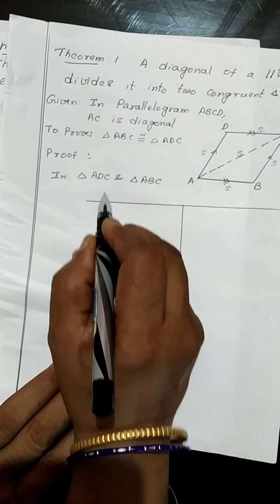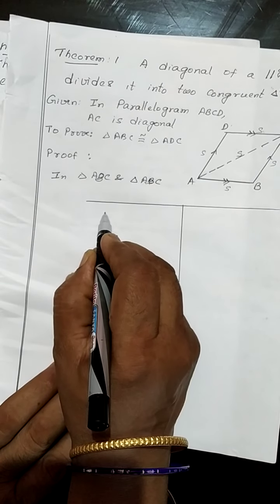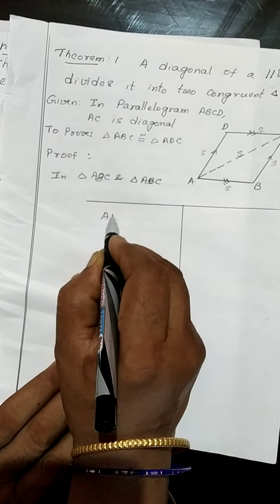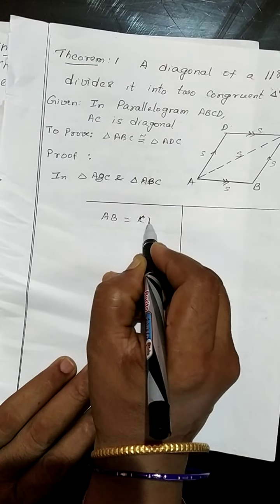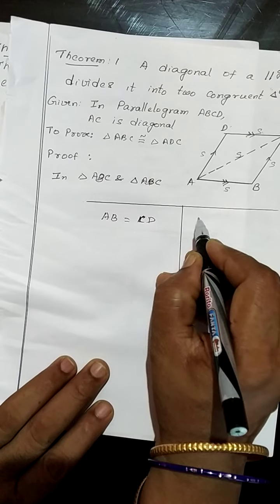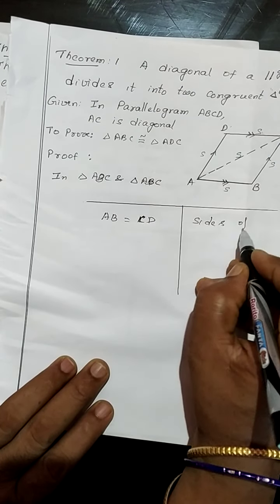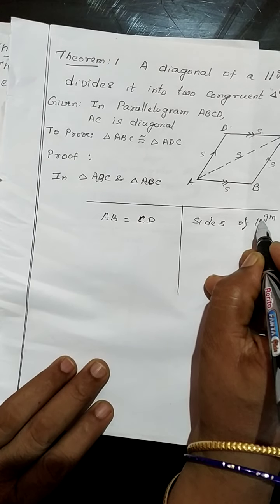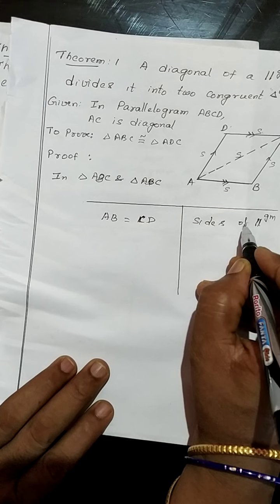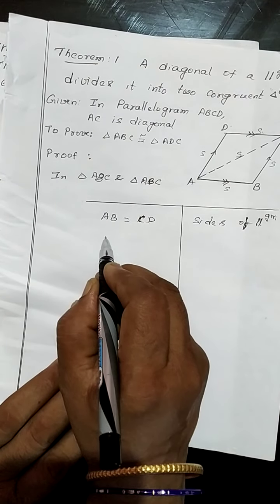That is, in triangle ABC, first we have taken AB equal to CD, or it can be DC, which is sides of parallelogram. The reason is sides of parallelogram. This is the symbol for parallelogram, putting two parallel lines, and if you put gm, it means that it's a parallelogram.